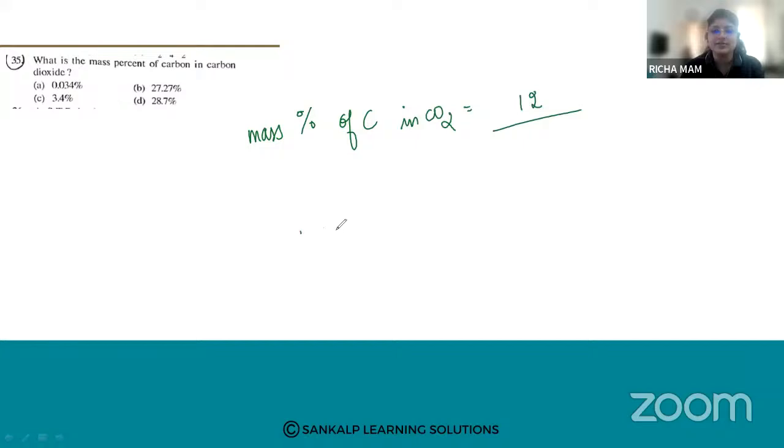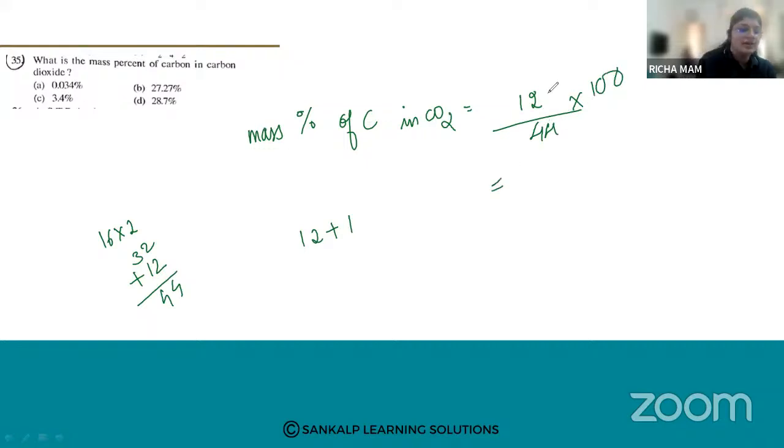Carbon dioxide is 12 plus 32, which is 44. So 12 divided by 44 into 100. How much are you getting? You have to get 27.27%.